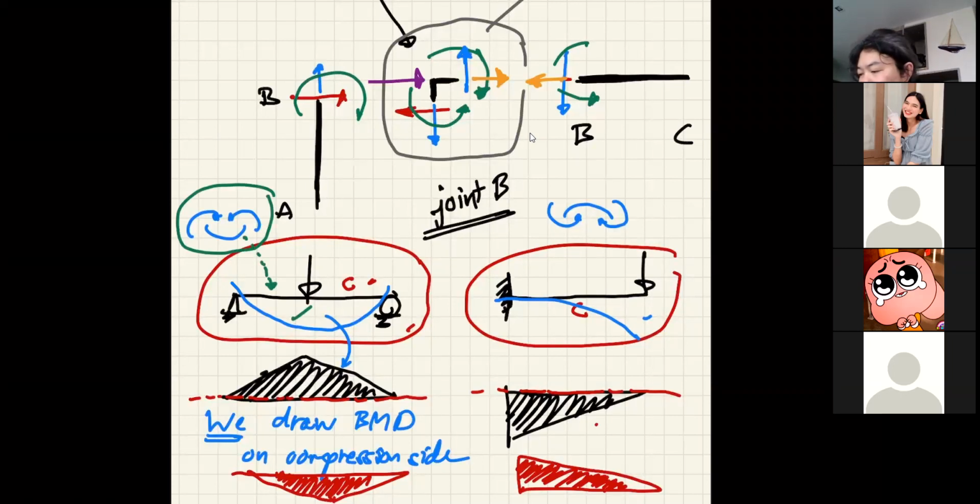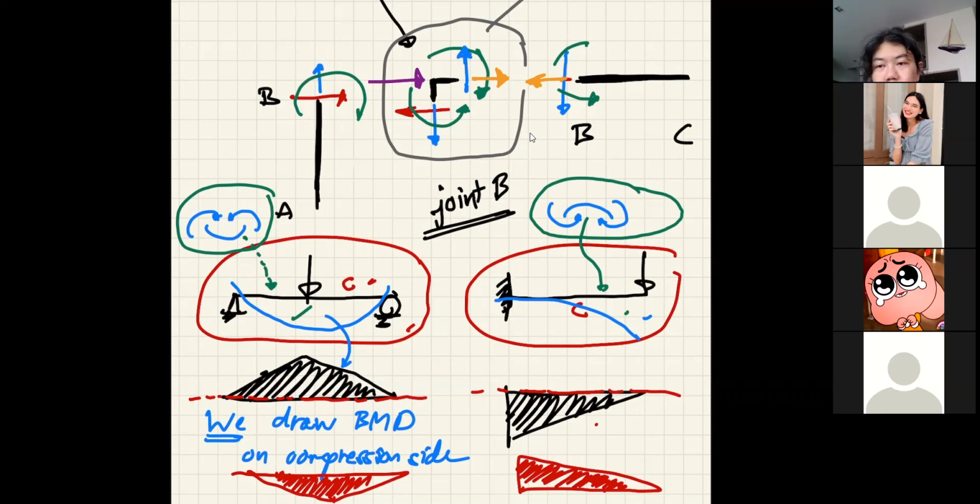Now this is the sign convention for your negative moment. So that's your sign convention for negative moment, and so your beam deforms just like that. And we can do the same with a frame.